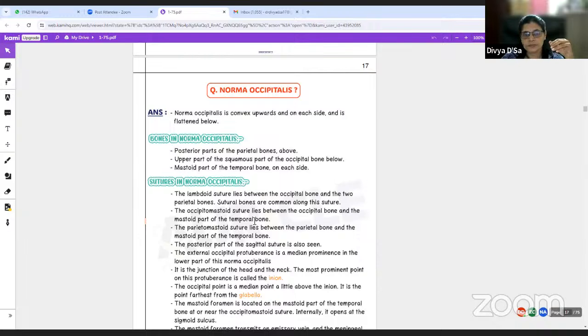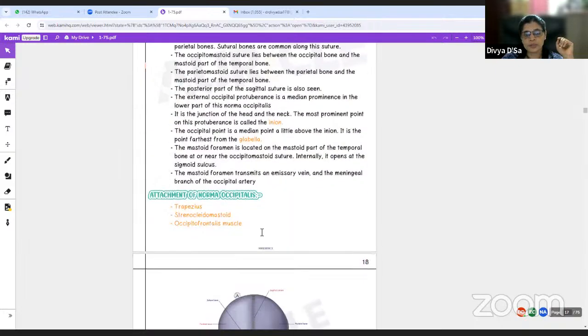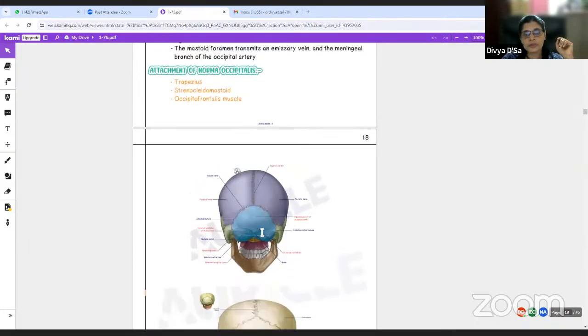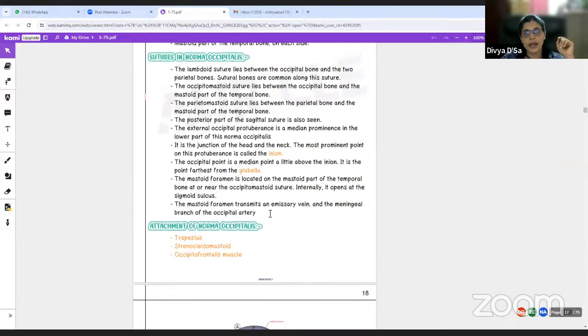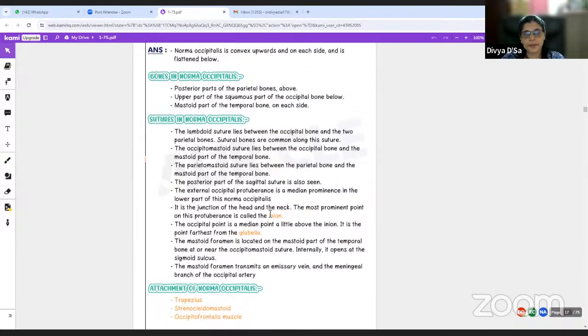Sutural bones means the Wormian bones, which we commonly see sometimes in that lambdoid suture. And the occipitomastoid suture is between the occipital bone and the mastoid part of the temporal bone.